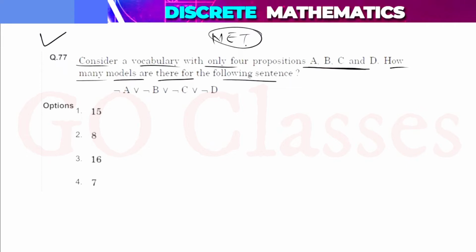This is the formula that is given to you. So tell me, how many models are there for this formula? What will be the answer? Try this. Very easy. You already know the definition of interpretation and you also know the definition of model. Now, what will be the answer?